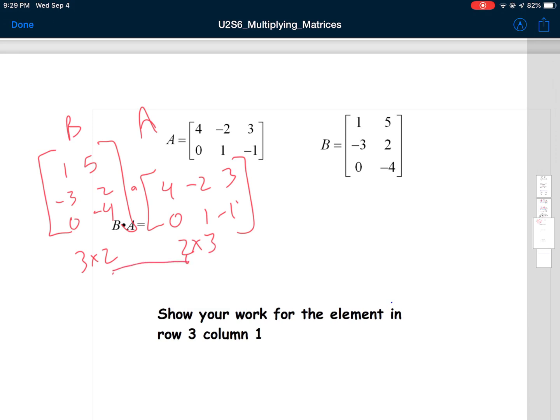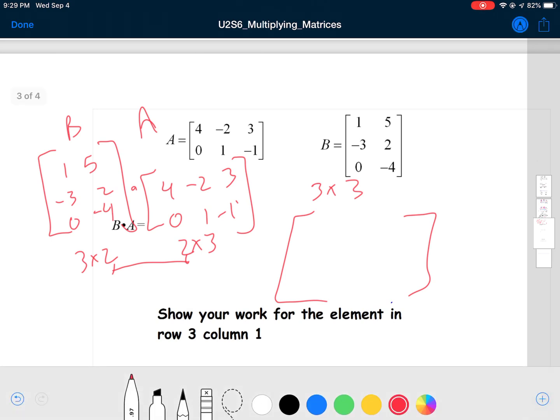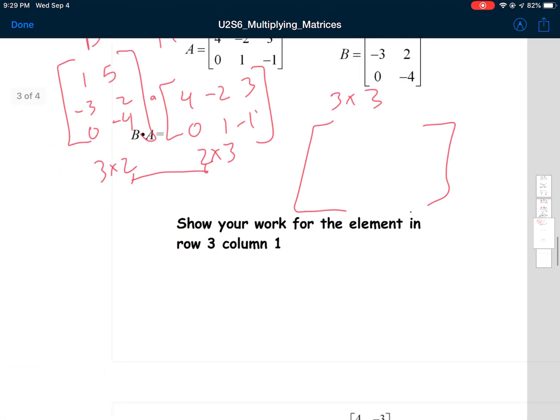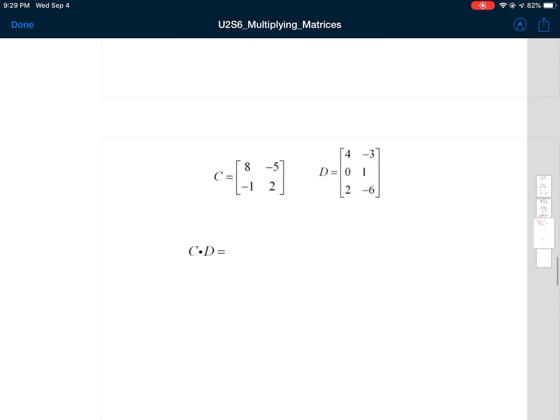It's possible those are the same, but this time my answer would be a 3 by 3. Okay, so changing the order of the multiplication can really change the answer when it comes to matrix multiplication. I'll let you type that in your calculator. I'll show you how to do that in class. So there you go. Same thing.